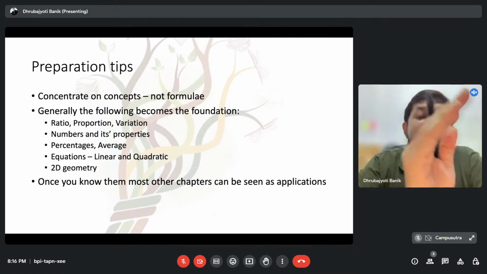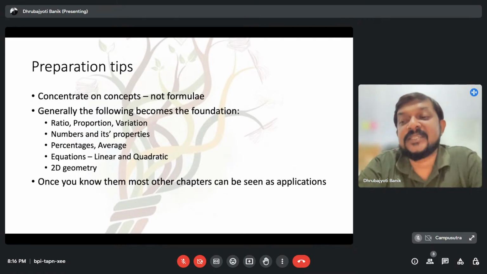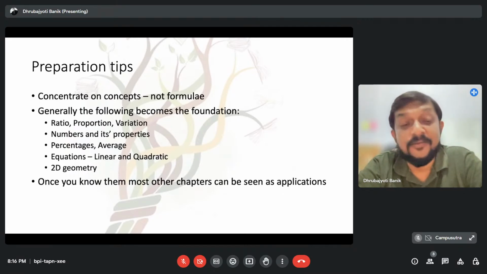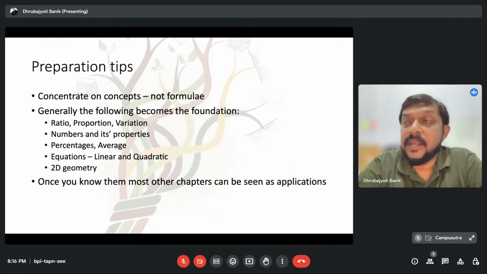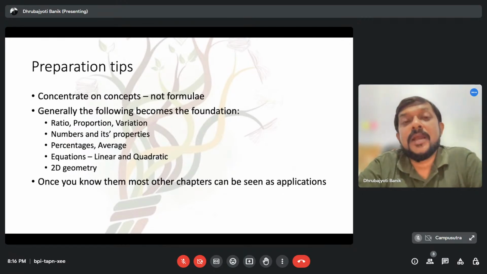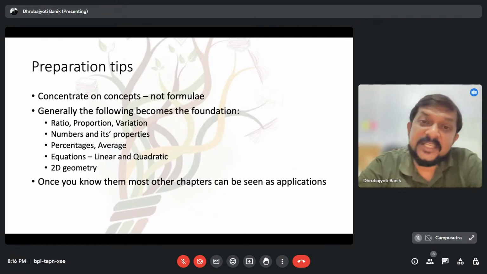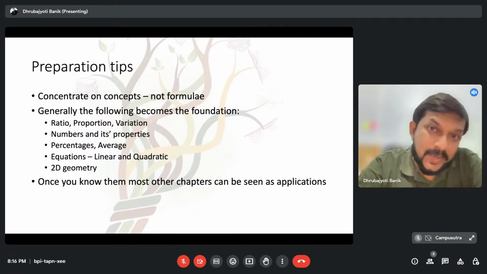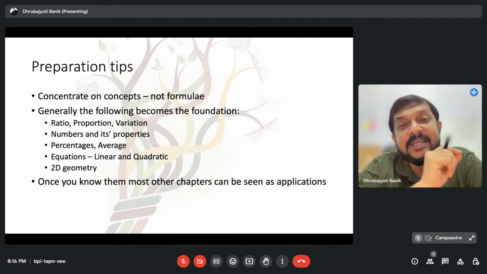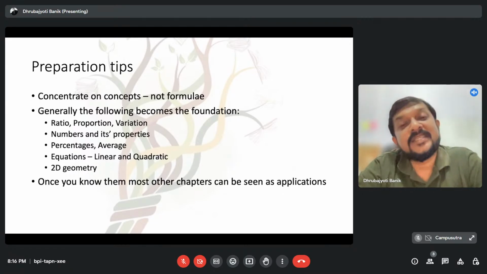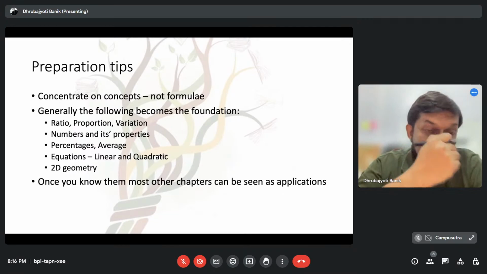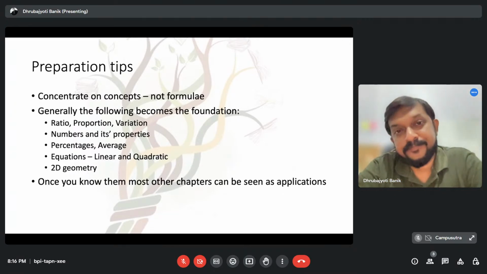The foundation chapters that I insist everybody should study and study well are ratio proportion variation, numbers and its properties, percentages and averages, equations, that is, algebra, linear and quadratic equations, and 2D geometry.